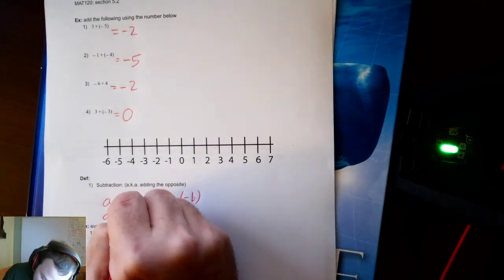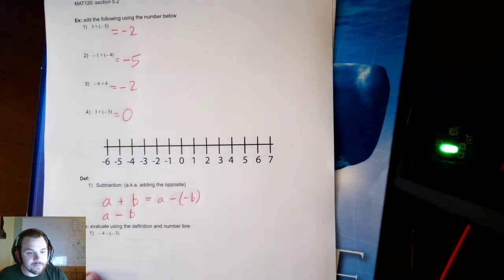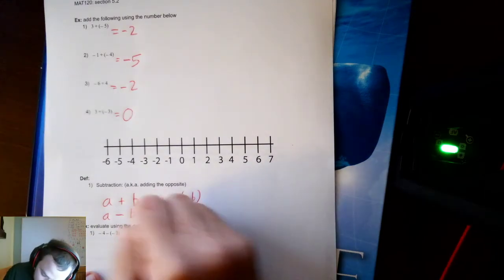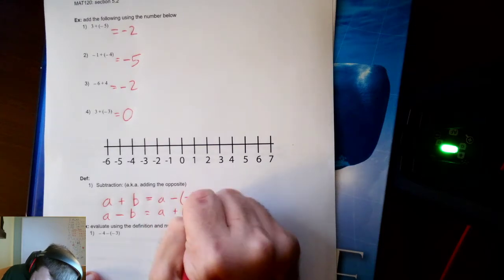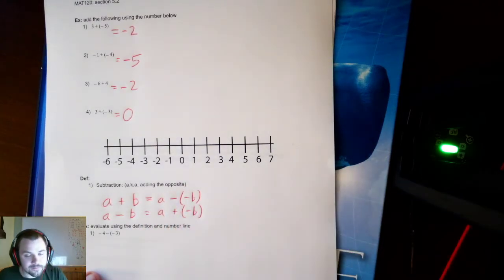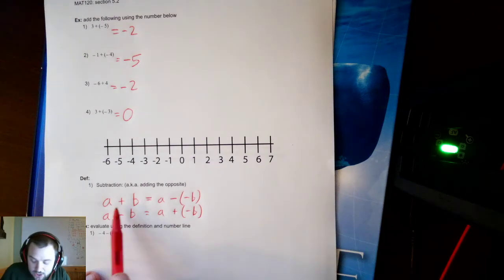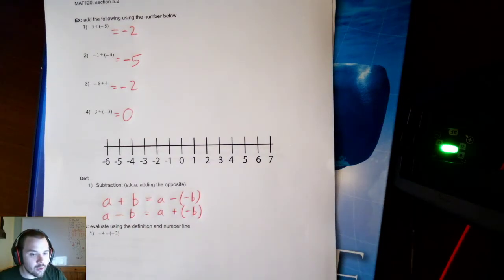Similarly, A minus B can be written as A plus negative B. I can turn subtraction and addition back and forth to each other. Now once again, we won't frequently use the definition once we get the hang of how to work with the signs, but this will help us to begin with.